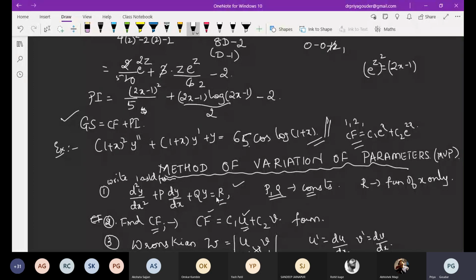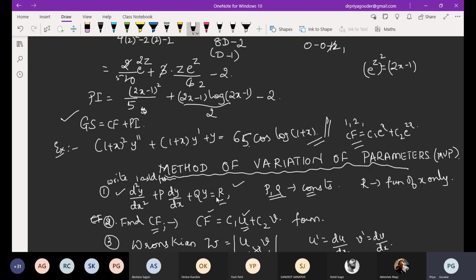This MVP is only for second order. So if you get a second order, a quadratic equation, how many roots? Two. Two roots means two constants in CF. Am I right?